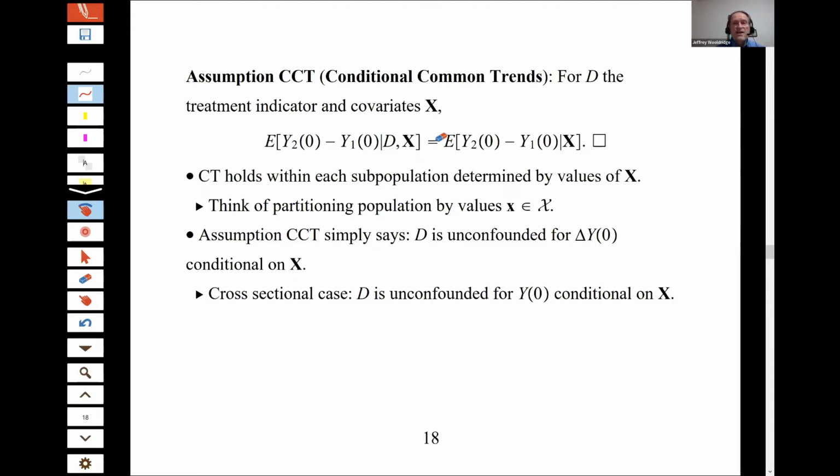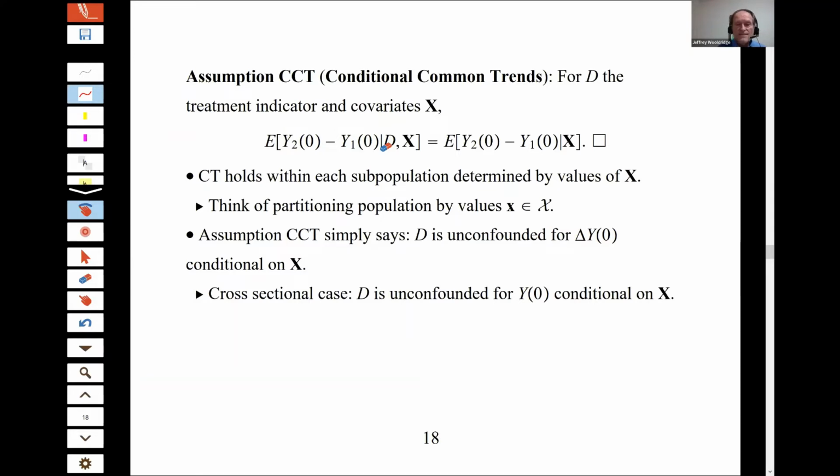Others and I have called this the conditional common trends or conditional parallel trends assumption, because now this basically says, once I control for these X's, the trend does not depend on average on the treatment status. Okay, so this is an unconfoundedness or ignorability assumption, to use the language from the treatment effects literature.